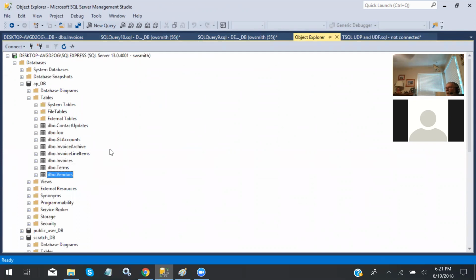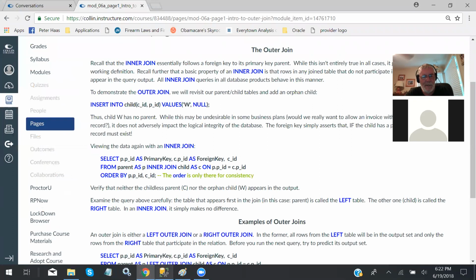Normally, the constraint that says it's a foreign key into the vendors table should have stopped me, but I deliberately overrode that, just so we would have some invalid data to find when we got to this part about outer join. And so with outer join, I can find parents with no children. So let's go back to this one.